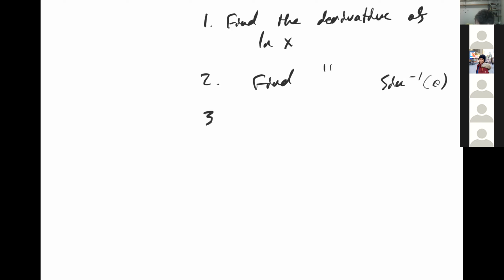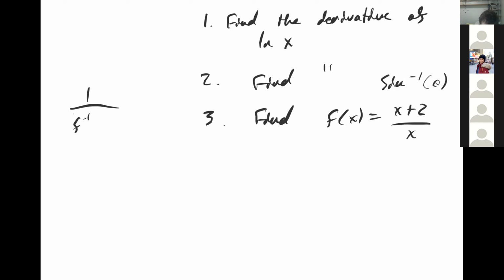And 3, find the derivative of the inverse of f of x equals x plus 2 over x in 2 ways. First, you find the inverse function and take the derivative, and then after you do that, you use the method that I showed you before, the formula. So like 1 over f inverse prime, or 1 over f prime of f inverse of x, okay? So does this make sense to everyone?